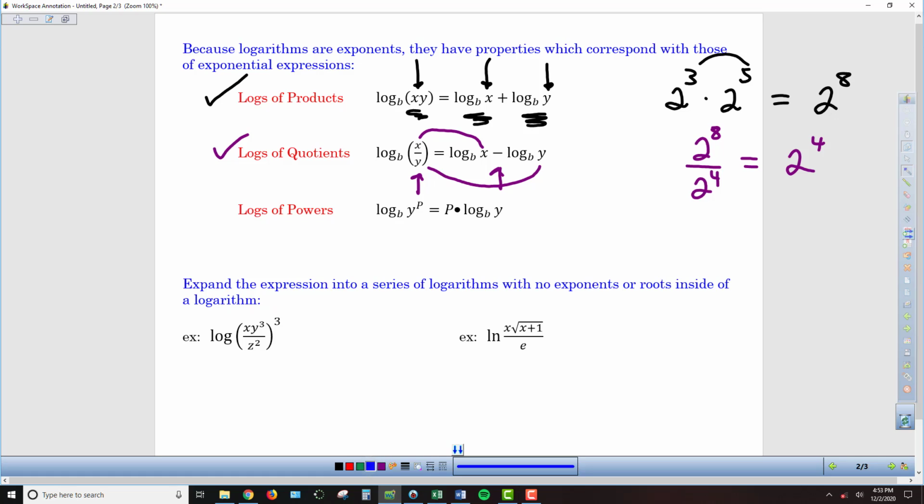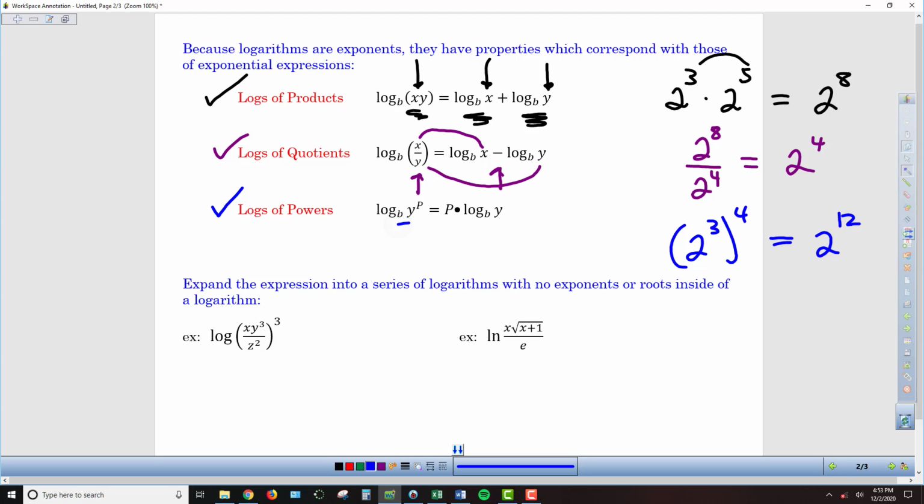And then the last is our log of powers. And so if we think to our exponents, when we raise a power to a power, 2 to the 3rd raised to the 4th power, we remember that we're going to multiply those exponents. So we'd end up again with the same base, but now it's 2 to the 12th. We don't add the exponents in that circumstance, we multiply. So the log of powers is similar to that.